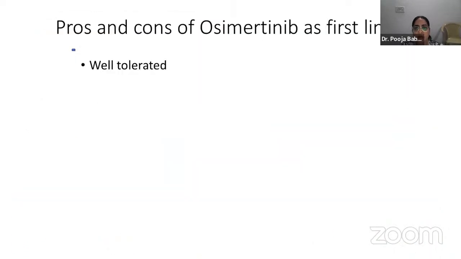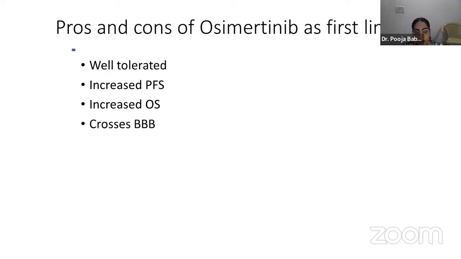So, pros and cons of osimertinib as first line. Definitely, it's a well-tolerated drug with very little dose discontinuation, very little dose modification, and very few grade 3 adverse events. It has shown increased progression-free survival to the tune of 19 months and also increased overall survival to the tune of 38 to 39 months.